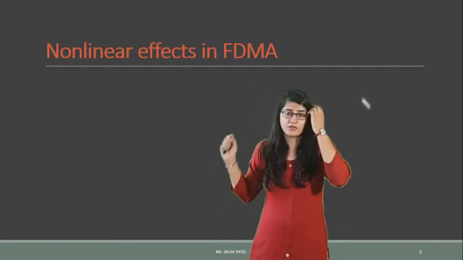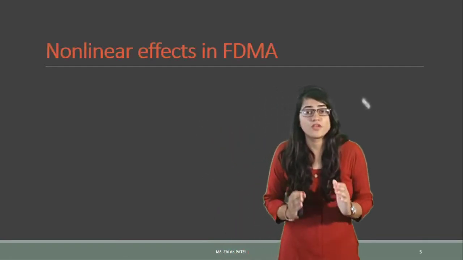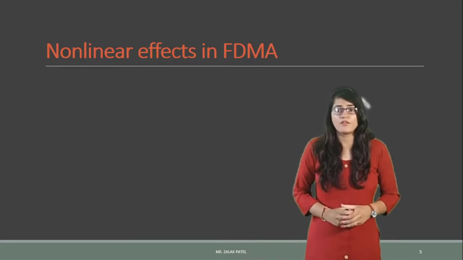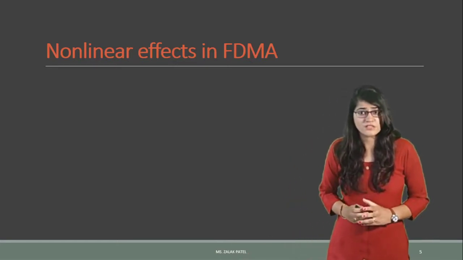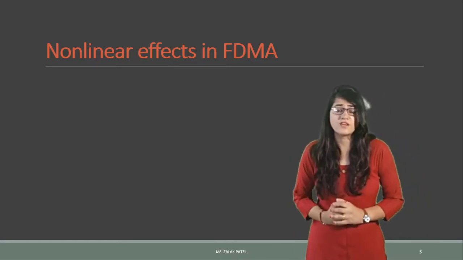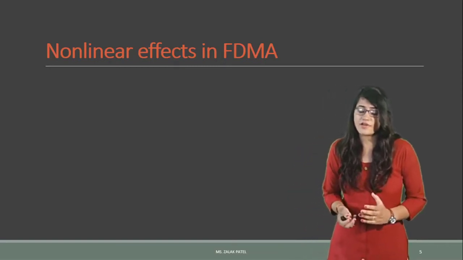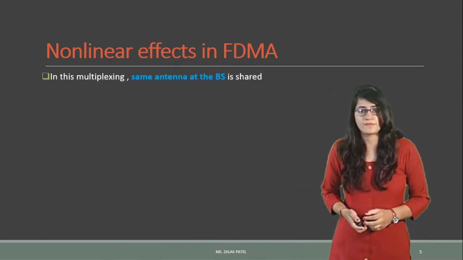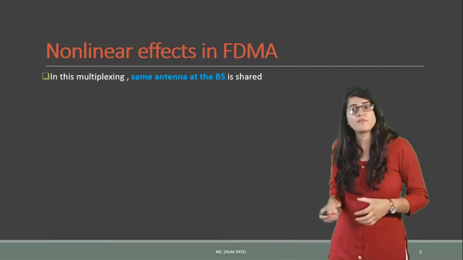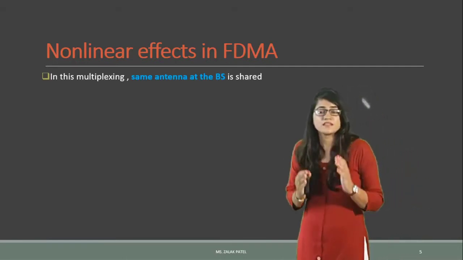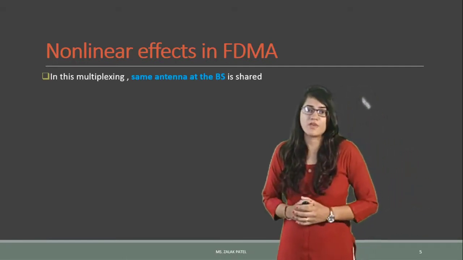Now let's see the nonlinear effect of FDMA. Because of this nonlinear effect, distortion is present, and as we already discussed, in case of FDMA we need filtering. In the multiplexing of FDMA, the same antenna is used at the base station.